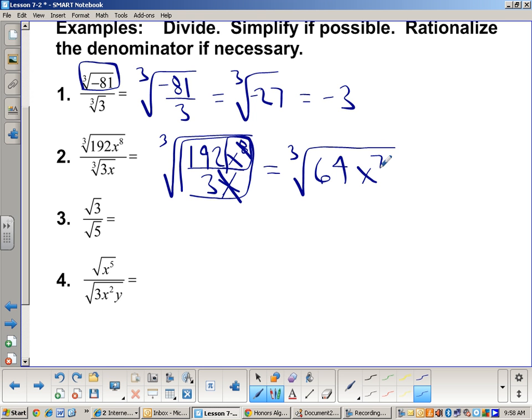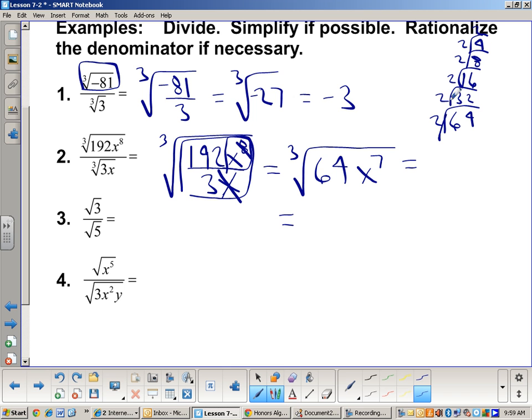Now some of us are pretty good at recognizing what the cube root of 64 is. 4. If we didn't, we could go 64, 2 goes into there, 32, 2 goes into there, 16, 2 goes in there, 8, 2 goes in there, 4, 2 goes in there, 2.